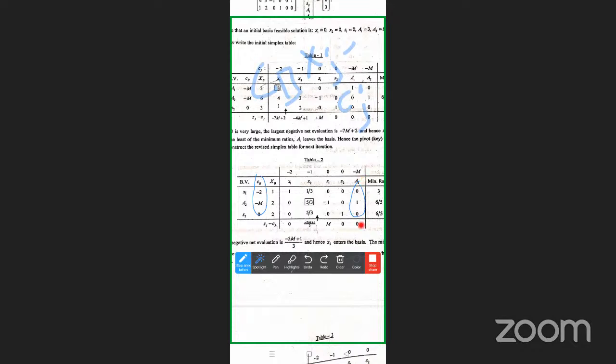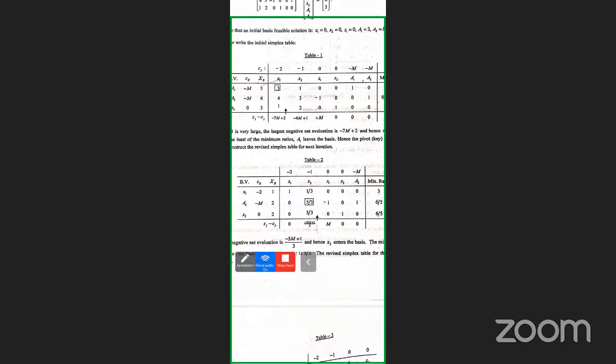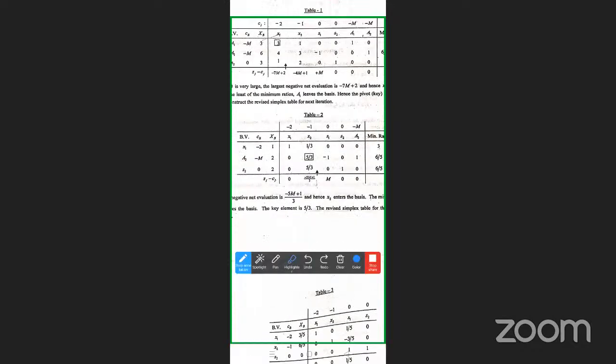So total this is 0, this positive plus m, 0, 0. Here only one negative is there, that is minus 5m plus 1 by 3. There are no multiple negative values, only a single value. So this is the incoming vector.